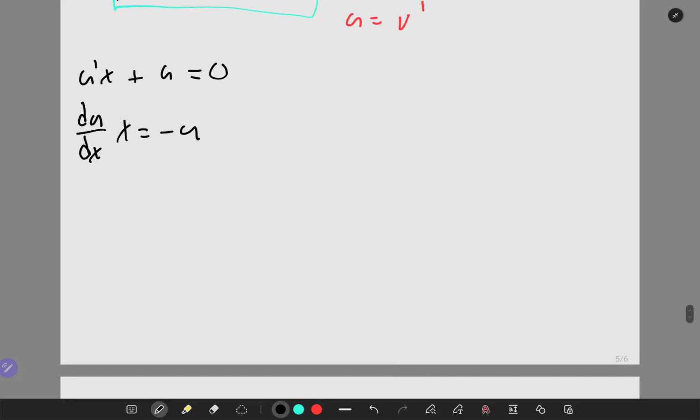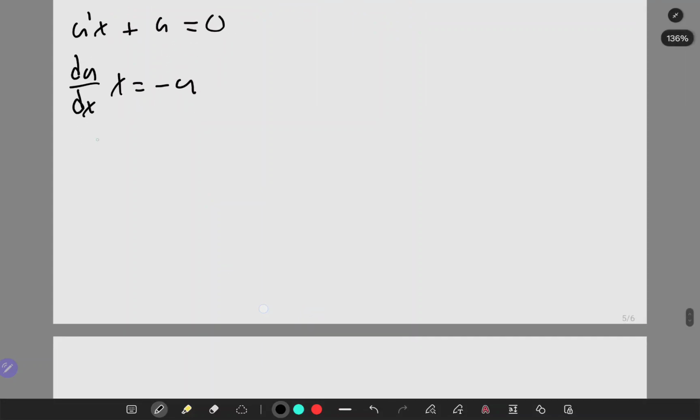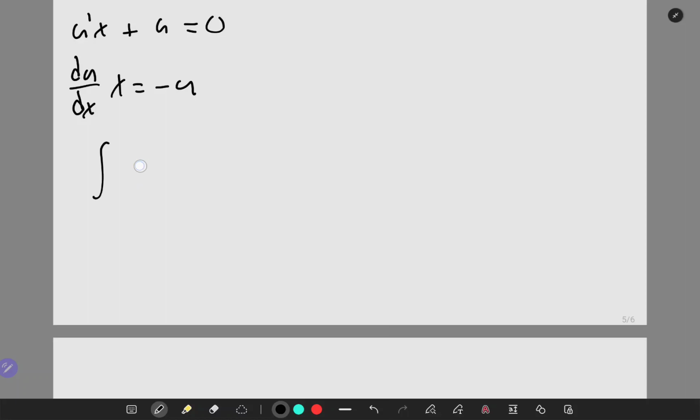To separate this, you see before when I separated this, I get everything separated, but the dx and du are on the bottom. You can't integrate when they're on the bottom, right? They need to be on the top.